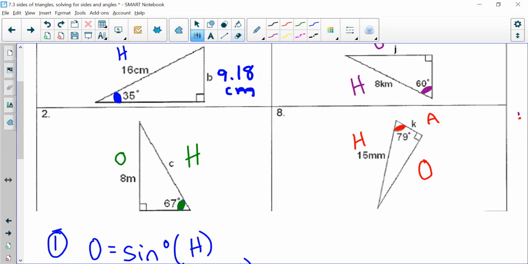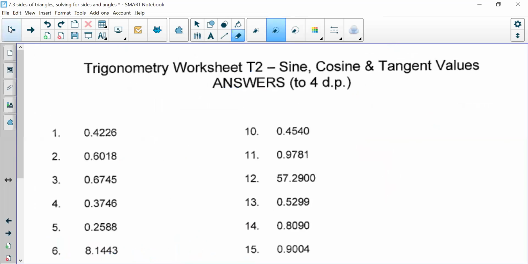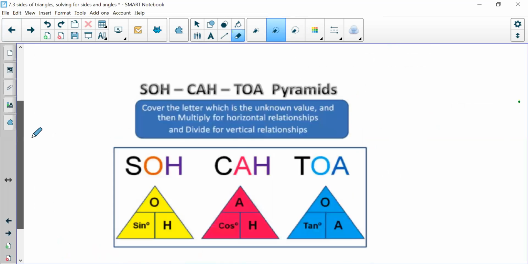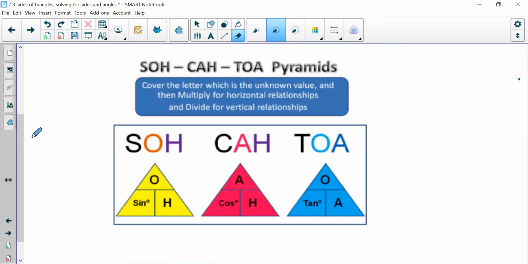Which one does not have a variable or a number on it? Very good. So which formula triangle involves A and H? CAH. Good. So this middle one, the pink one. And am I looking for A or am I looking for H in question number 8?